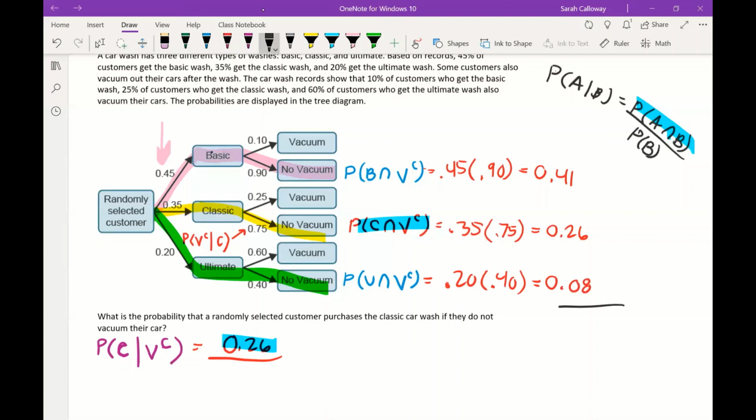If I add these up, that's going to give me the probability that someone chose not to vacuum, because it's all the situations where they were not vacuuming. So the sum of that is 75%. So that value is going to go in the denominator.